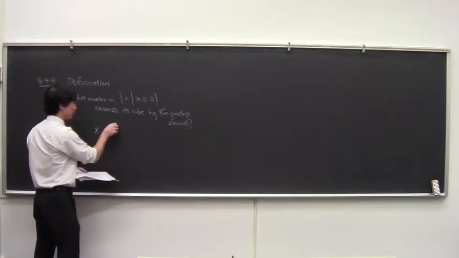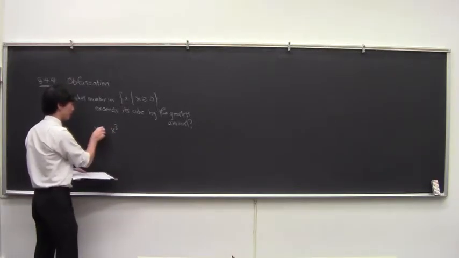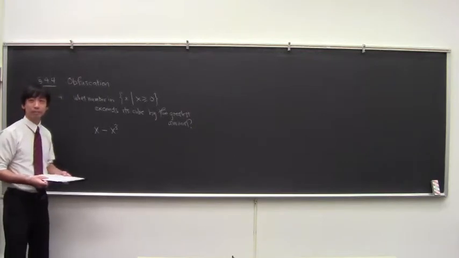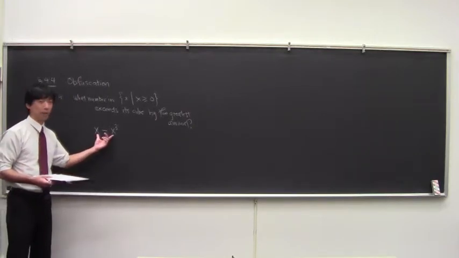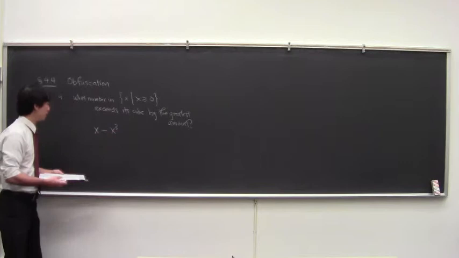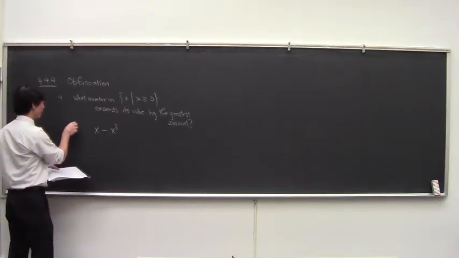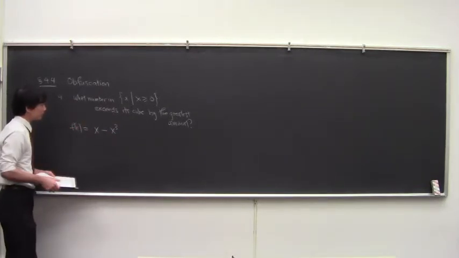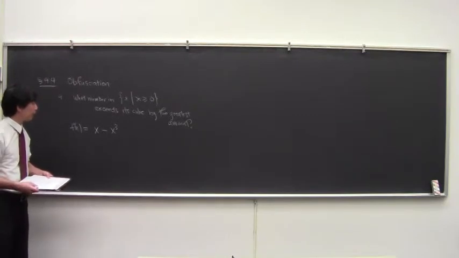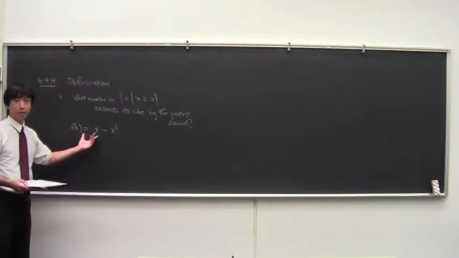Its cube is x cubed, and we look at the difference. This is by how much a number exceeds its cube. Let's call that f. And so we want to know where this function is the largest, where this function is greatest.